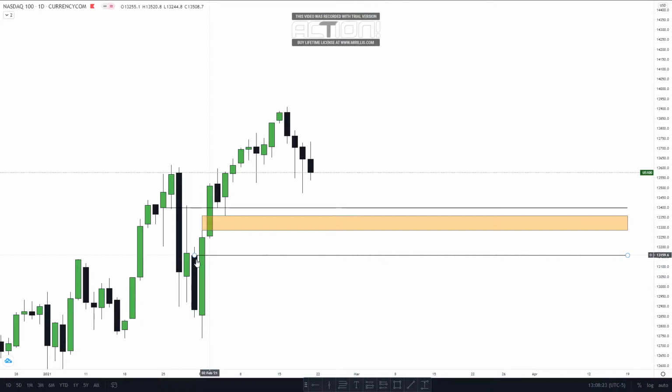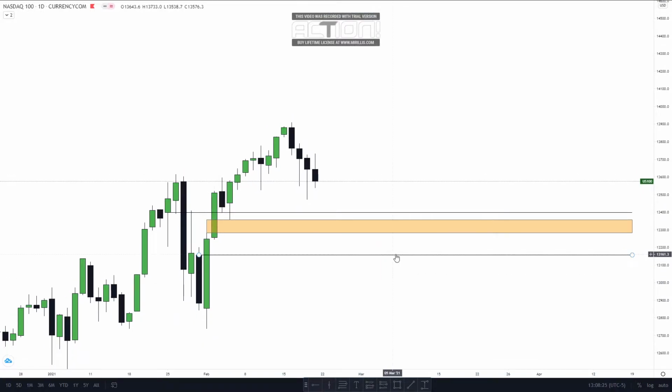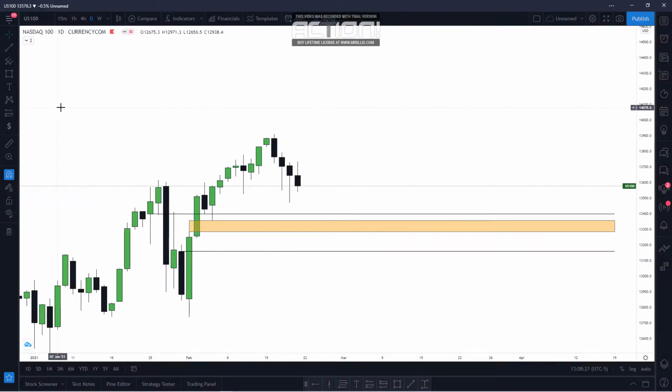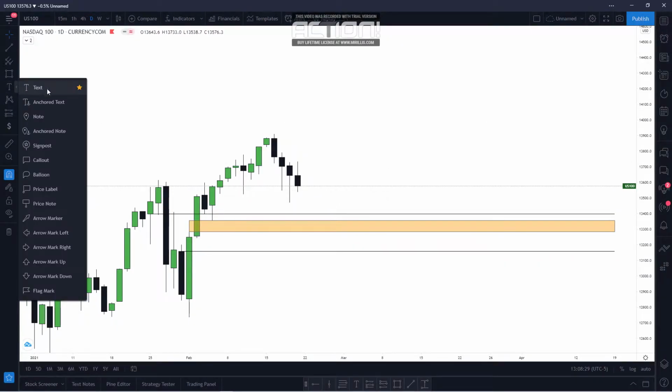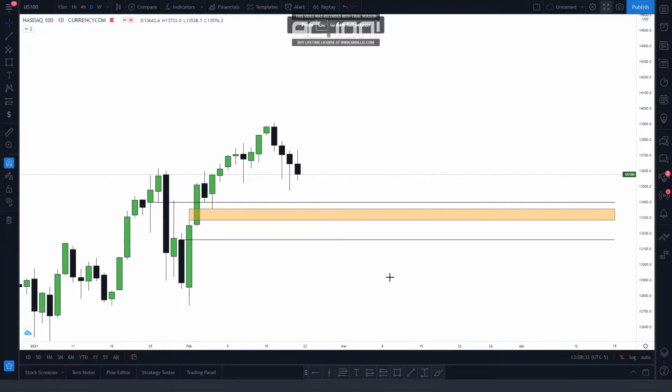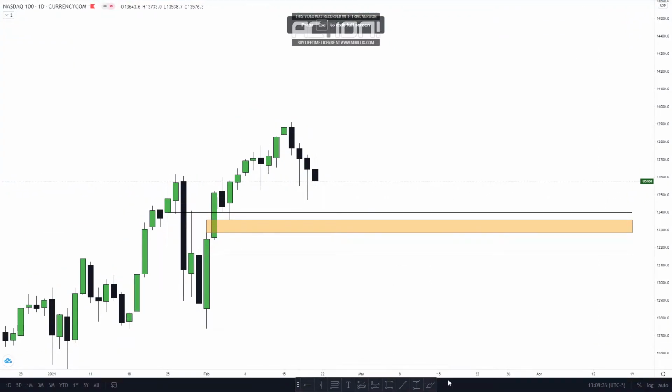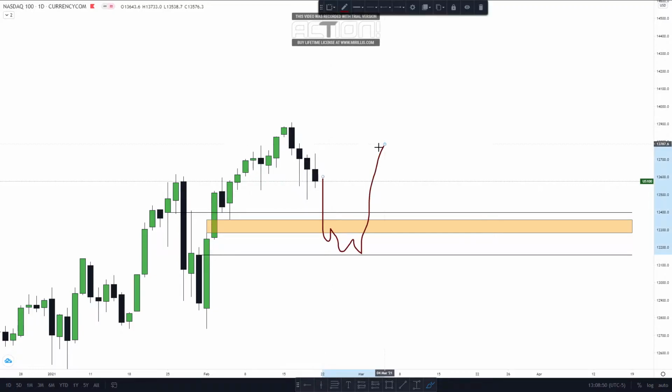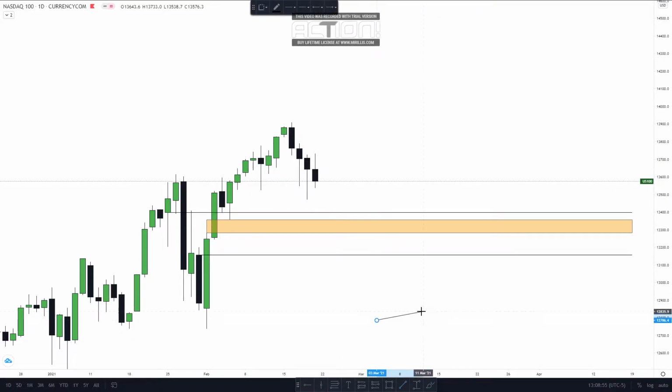Alright, so we could expect long-term buys. Let me just get this brush. Where's the brush? Yeah, so we could expect long-term buys from here or from this gap, or if price decides to push lower, we have this point right here for upside.